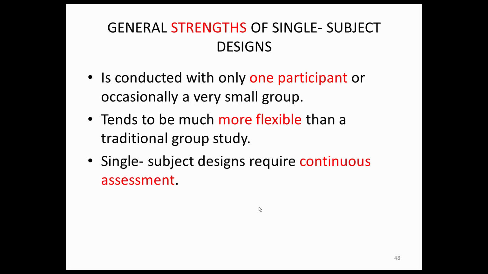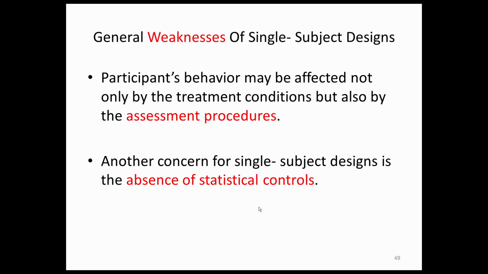And finally, we have to have multiple observations and multiple assessments, and the more observation we have, the better we know our students. However, the weakness is that sometimes the performance goes up not because of the treatment, but just because of multiple assessments or multiple observations.